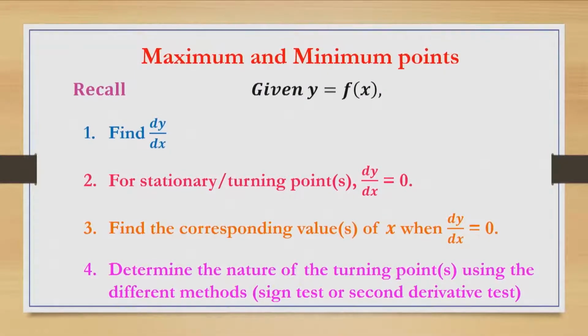You then find the corresponding values of x by solving the equation dy by dx equal to 0. And then you need to determine the nature of the turning points using the different methods. You can either use the sign test or the second derivative test. We are going to use these steps in the following examples.